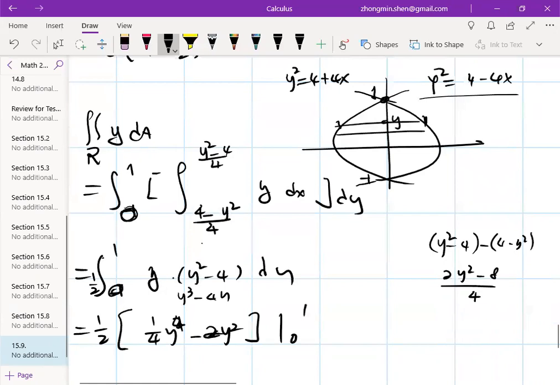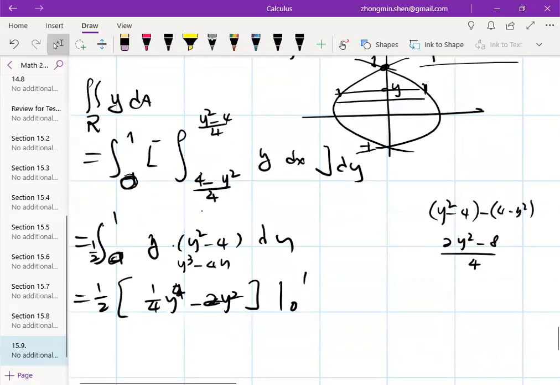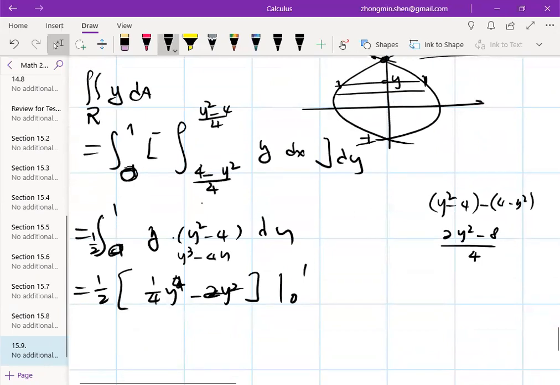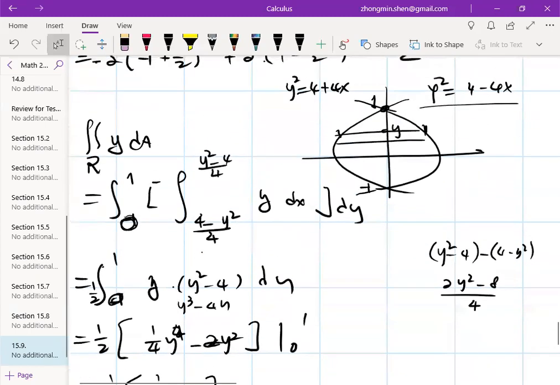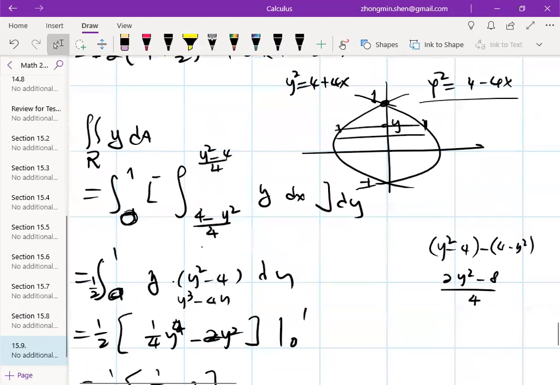Let me double check. Did I get different answers? Okay. So it'll be a quarter minus 2. So when x equals 0, y is, no, let me double check.